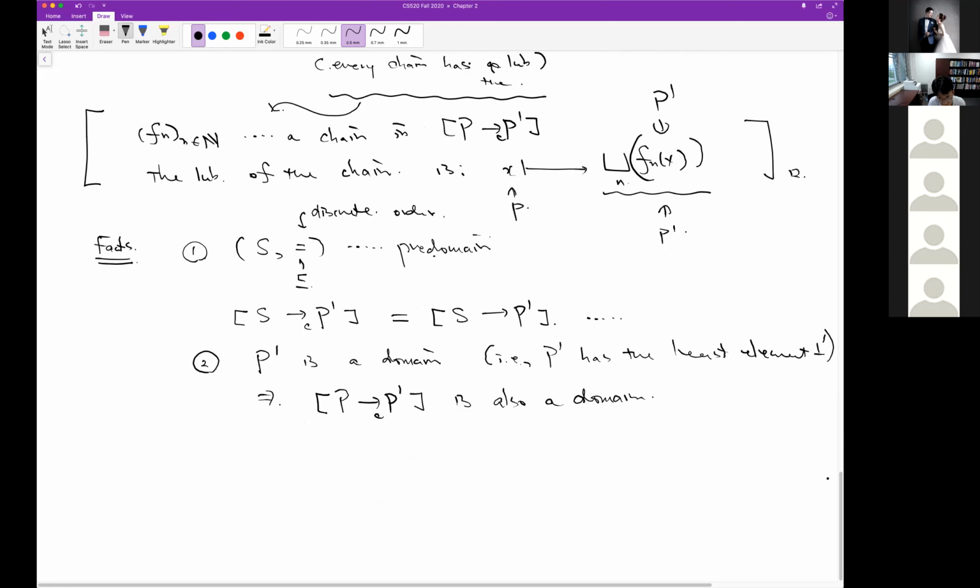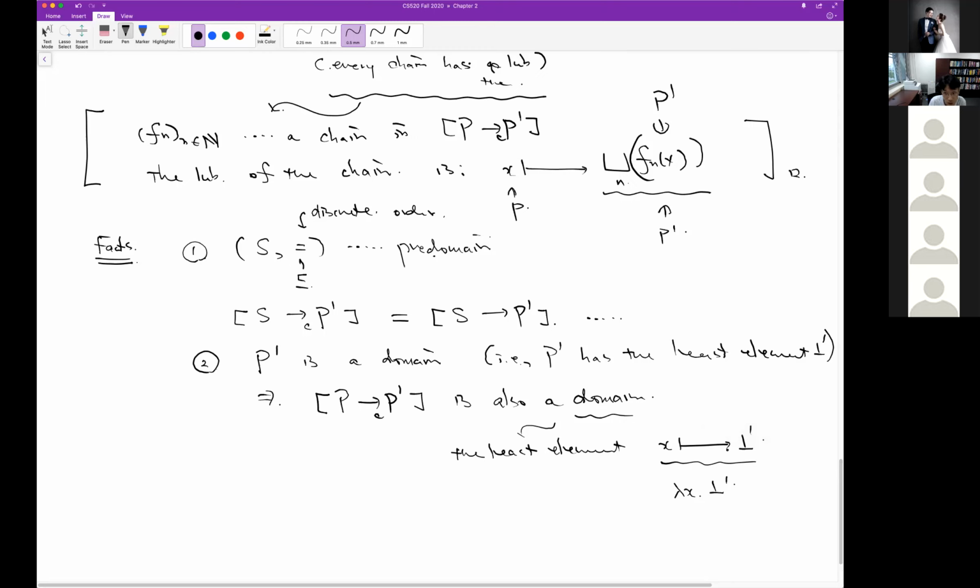This condition of being a domain means that we should have a least element, and the least element is quite simple. What's the least element? It takes x as any input, and it just returns the smallest element in the output domain. I'm going to sometimes write this using lambda notation, which takes x as an input and produces the smallest element bottom prime as the output.